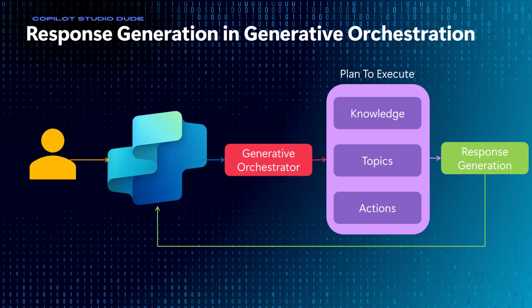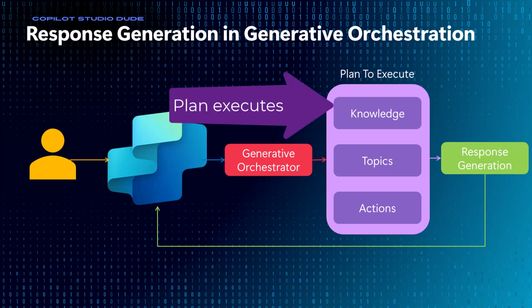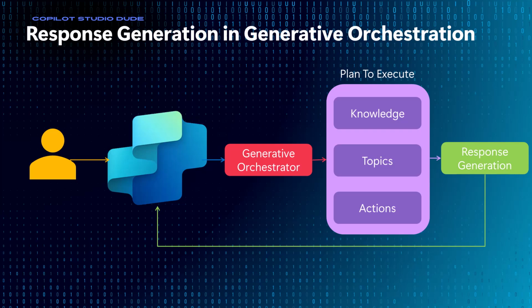That plan is then going to be executed to make sure that it can go through building out and handling this plan. Once that plan is completed and all of the information is gathered back from the plan, then we go through response generation, and this is where you're going to get a single response back.